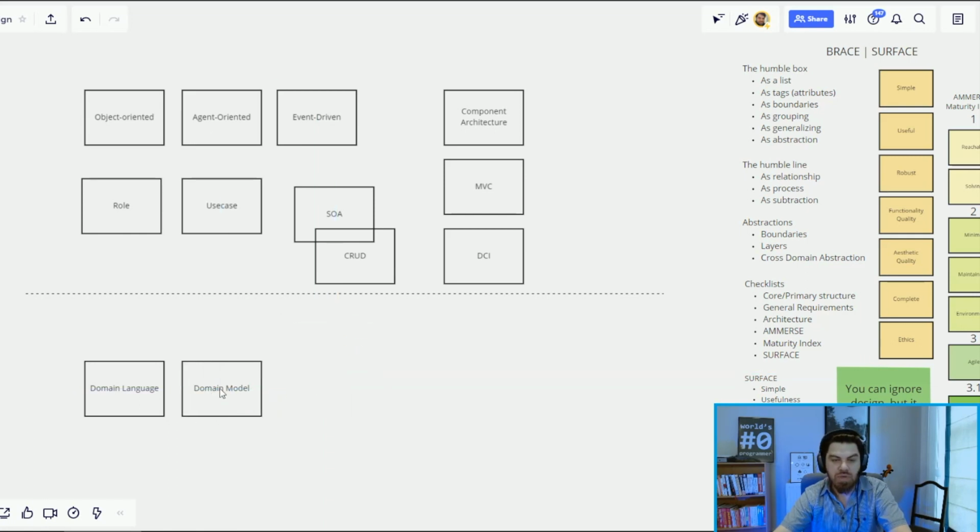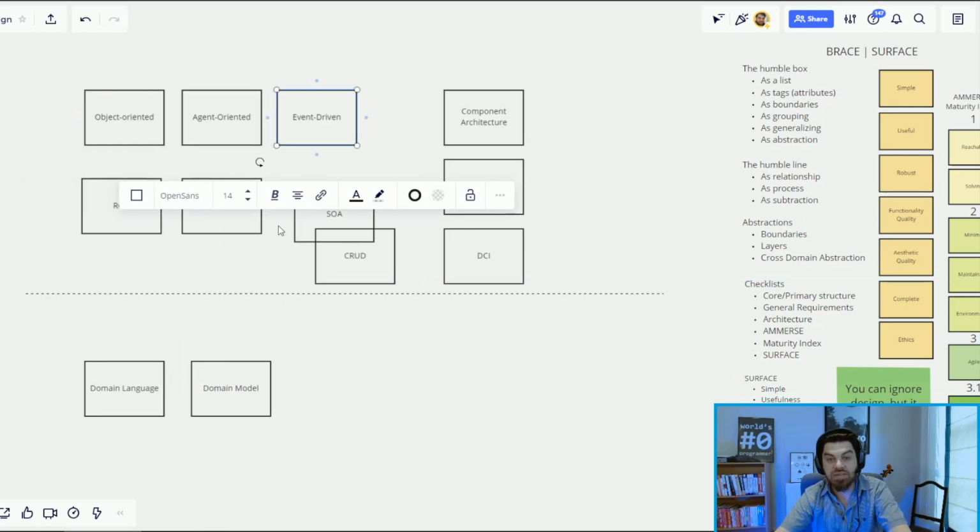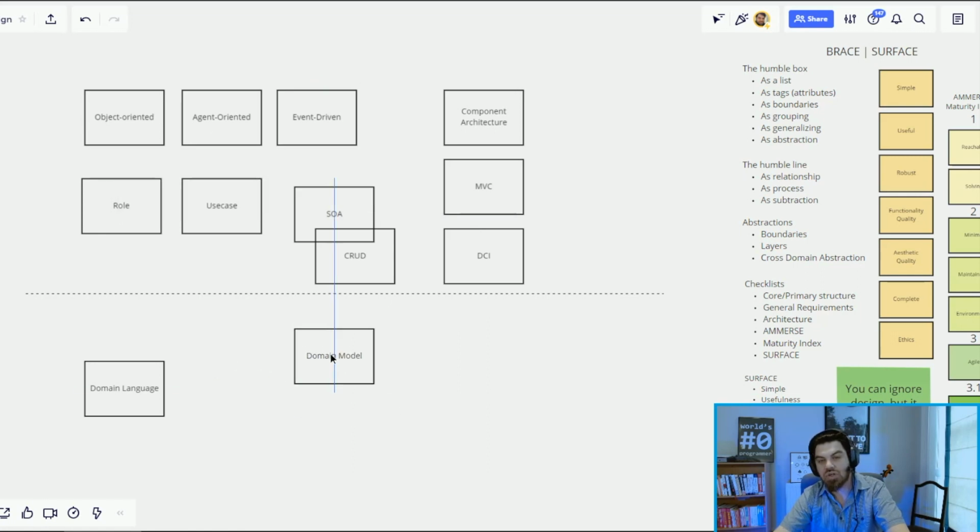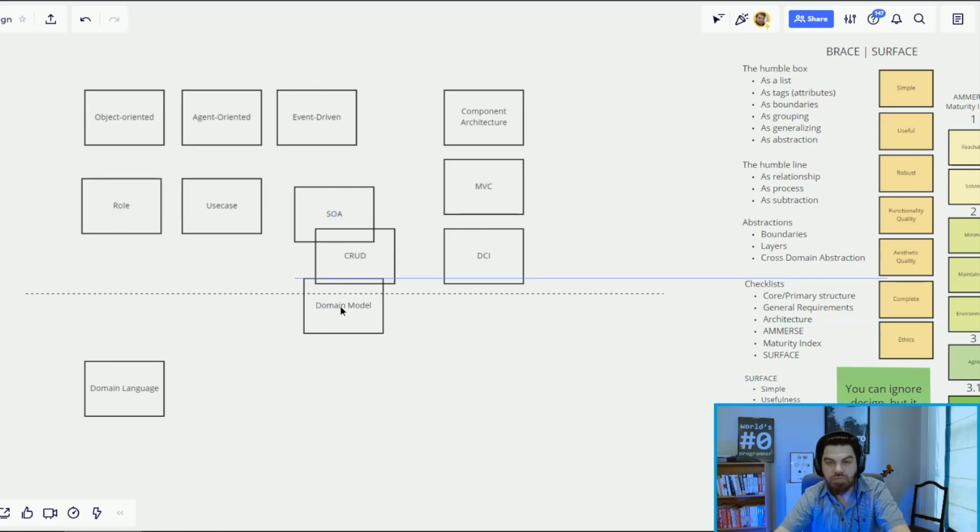How is the domain being declared and represented by objects, by agents, by events, and so on? And how conducive is that for future-proofing the application, for brittleness and complexity, and so on?